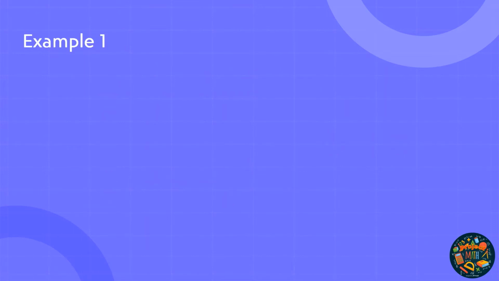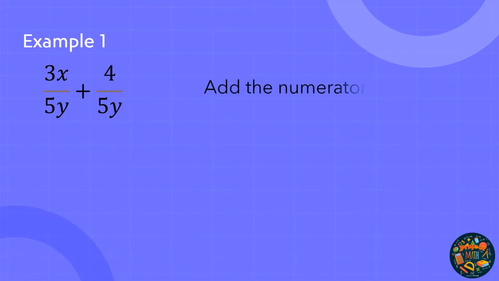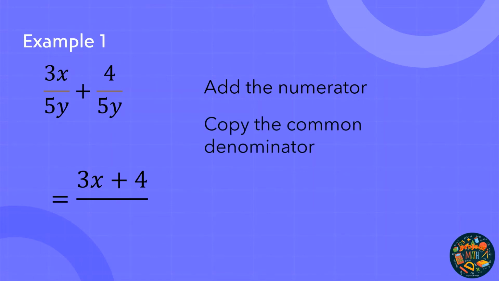Let's have our first example. 3x over 5y plus 4 over 5y. So first, you have to add the numerators. So you have 3x plus 4. Okay, so isulat lang natin 3x plus 4 since they are not similar terms. Then, copy the common denominator.